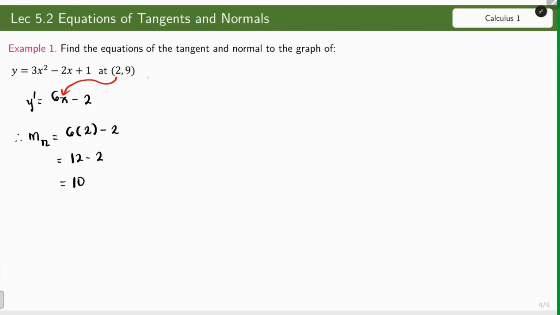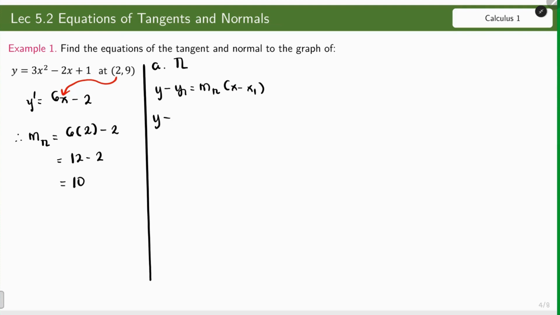Since we already have the slope, we can now get the equation of the tangent line. For the equation of the tangent line, we will make use of the point slope form. Okay, we have y minus 9 equals 10, the slope, times the quantity x minus 2.